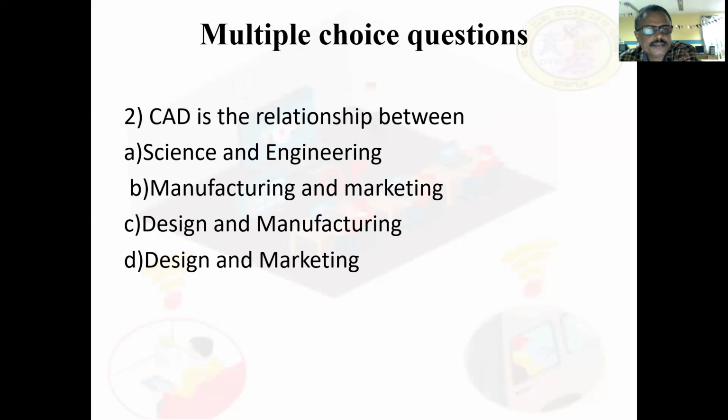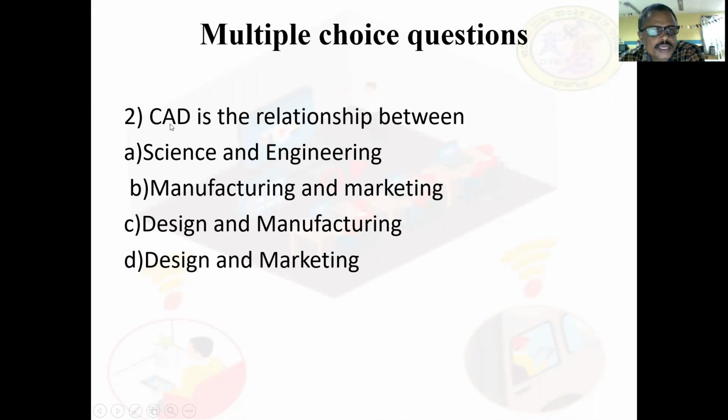Next, CAD, that is computer aided design. It is the relationship between science and engineering, manufacturing and marketing, design and manufacturing, or design and marketing. So CAD is the relationship between science and engineering?